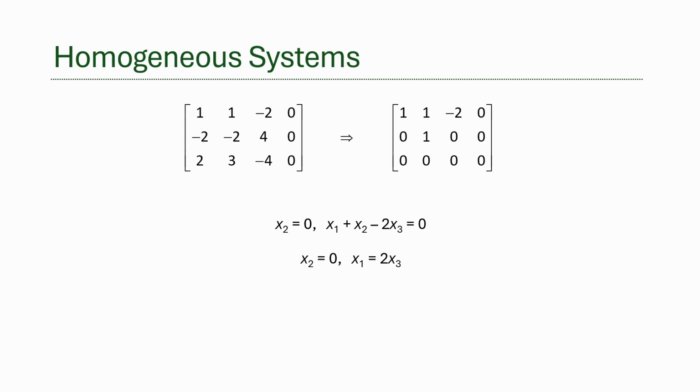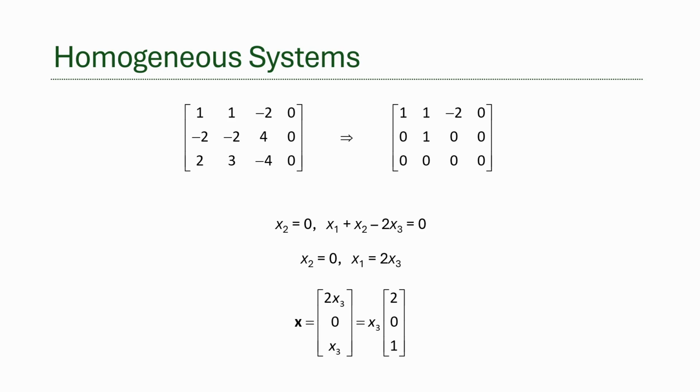But remember I said we want to talk about structure. So to get an idea of the structure of the solution set, I'm going to rewrite this using our vector language. In vector terms, the solution x is equal to the vector with 2x3 in the x1 spot, 0 in the x2 spot, and just x3 in the x3 spot.